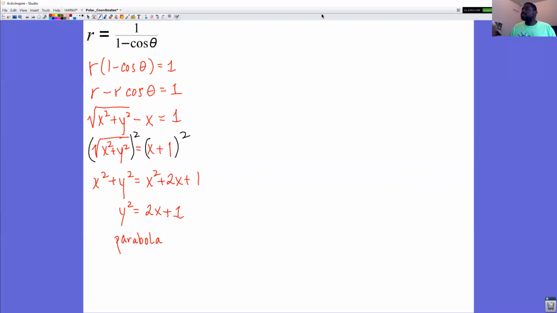And we're going to rewrite the equation as y minus 0 squared equals, and we're going to factor out a 2 on the right-hand side of the equation. So that gives us 2 times x plus a half. Now we get more information about this parabola.